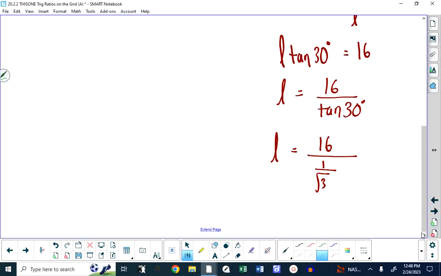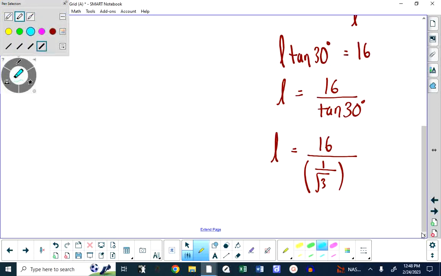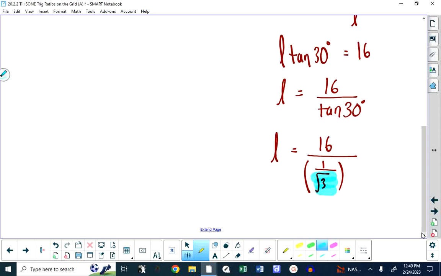And that's that this entire fraction here, the whole thing, the 16 over that other fraction, that entire fraction is called the complex fraction because it has within the denominator a denominator. We don't like that. We just want one numerator, one denominator. We don't want it all mixed up in a mess.